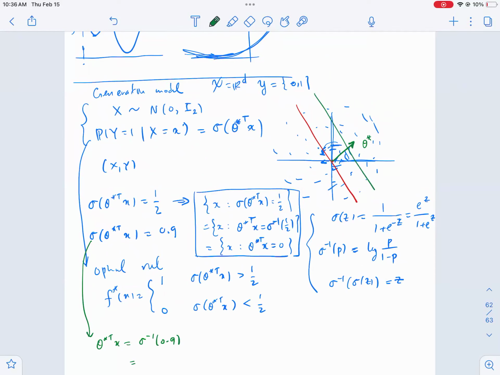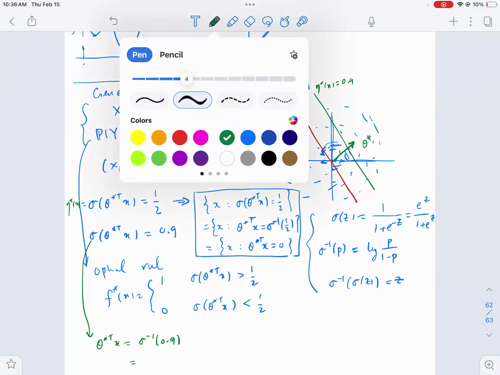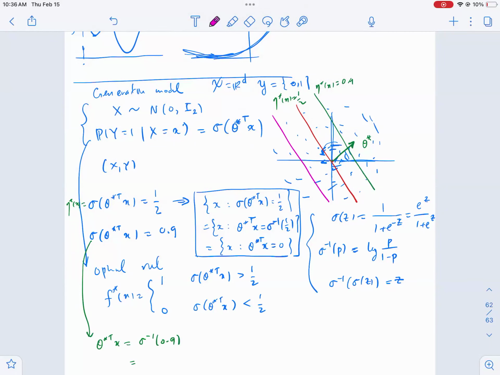So this corresponds to, shall we call it eta star? This is eta star x is equal to 1/2. This is eta star x is equal to 0.9 and so on. And then if we go in the other direction, this for example could be eta star x is equal to 0.1.